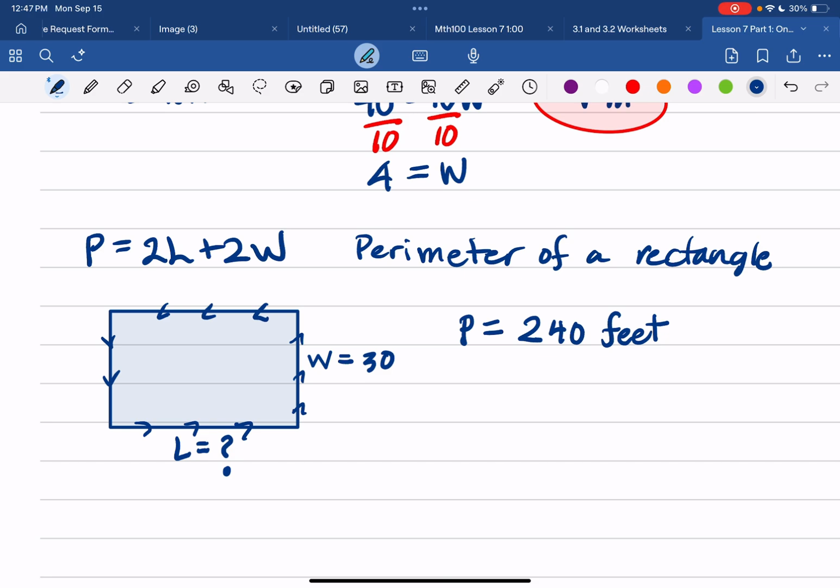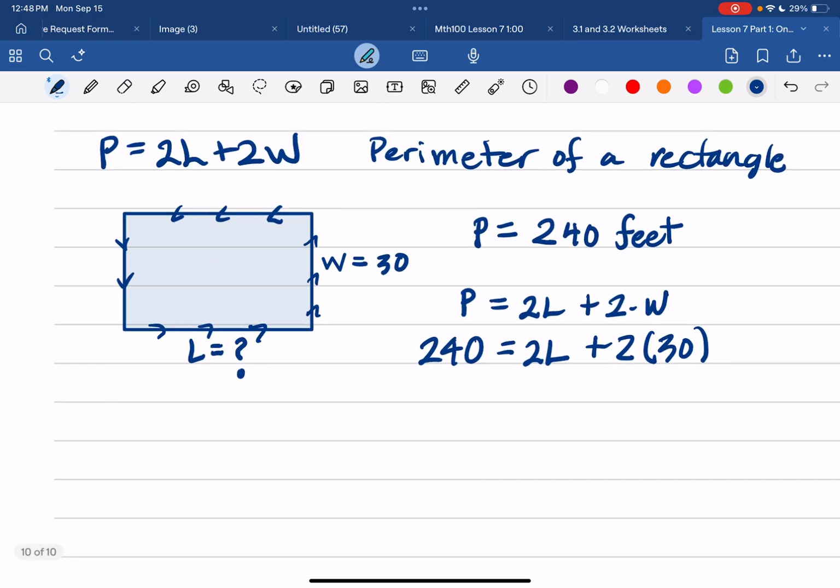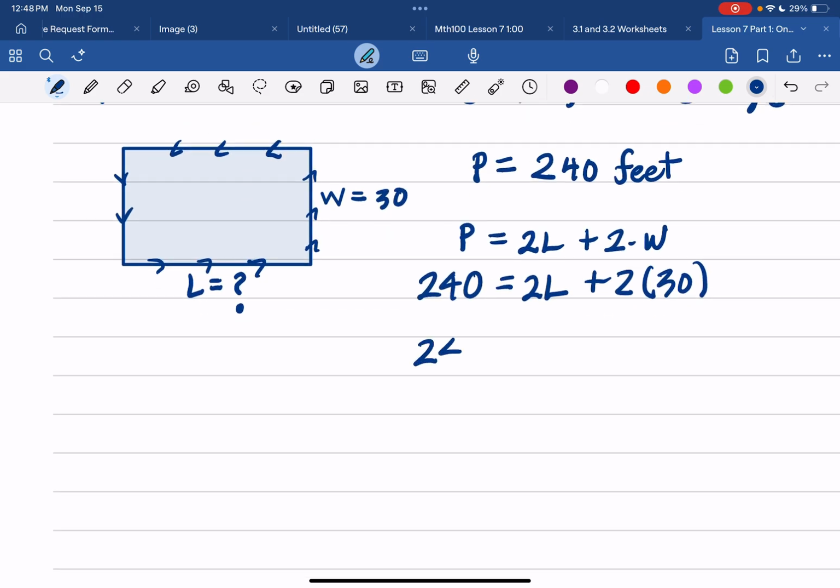So, if we know the perimeter is 240, look, perimeter is 2L plus 2W. So 240 is my perimeter. 2L, I don't know L, but I know that W is 30. So here we have an equation that needs simplifying first. 2L plus 60. Now I have a two-step equation. I will subtract 60 from both sides.